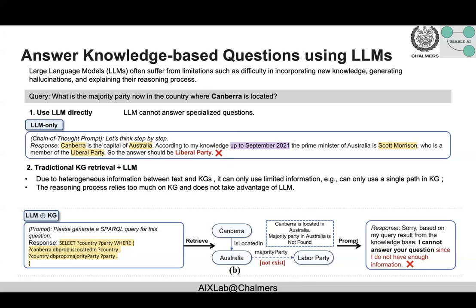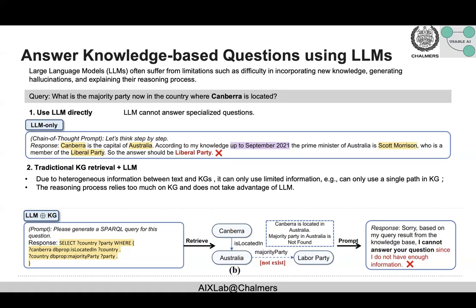For comparison, given a knowledge-intensive question, we have several ways to solve it. First, if we use an LLM to directly answer such a question, maybe it doesn't have the specific knowledge.